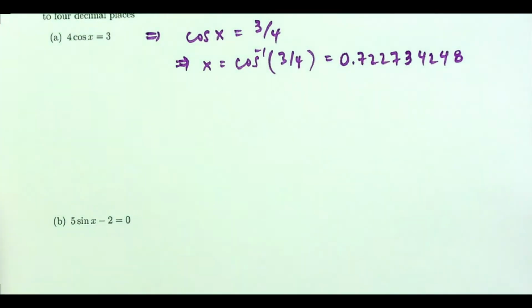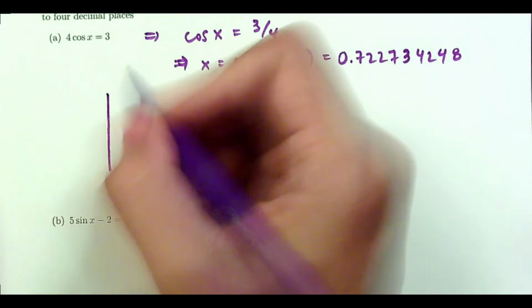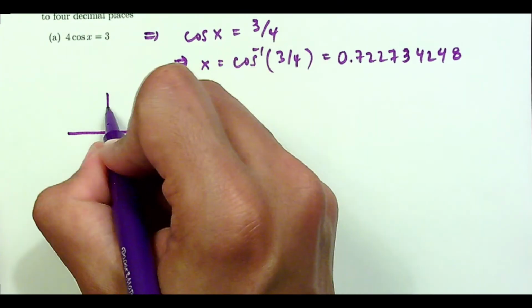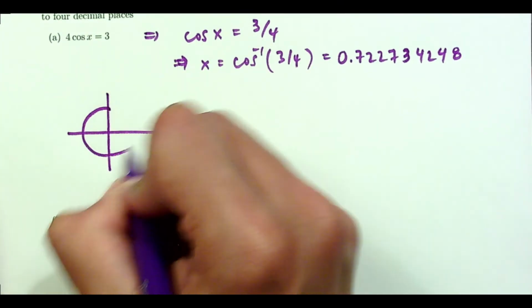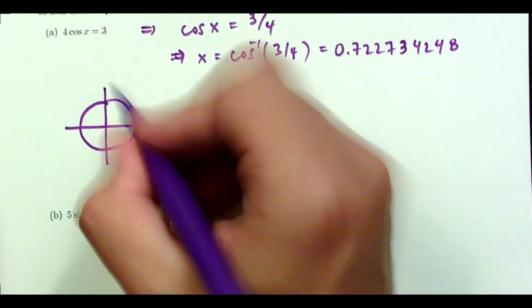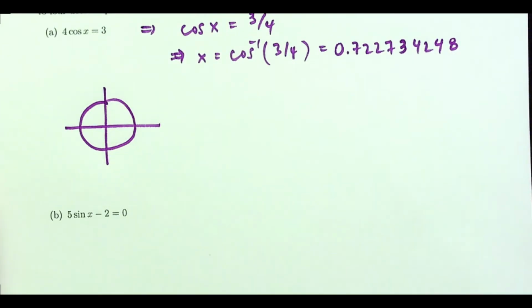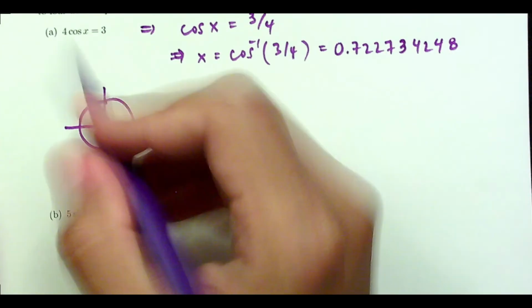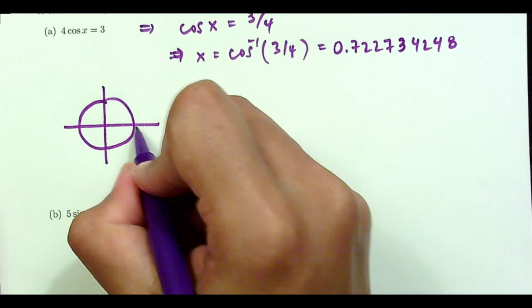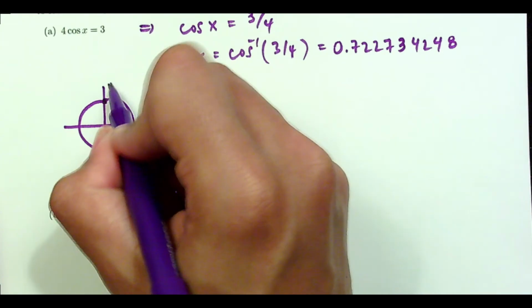So same thing here. So let's draw the unit circle real quick and figure out the second angle that works. Okay, the first angle is this one. In what quadrant is this angle? Well, it is bigger than 0. This is 0 right here. That's the angle 0. And this angle here is pi over 2.